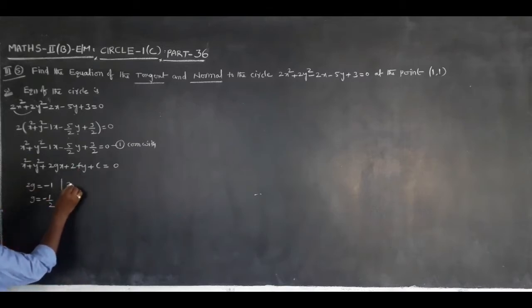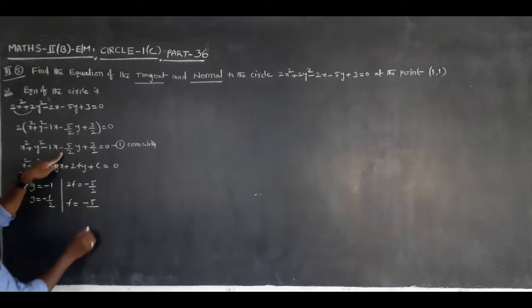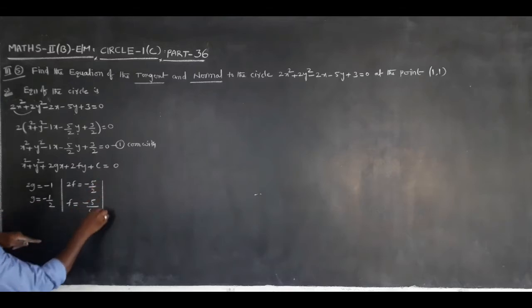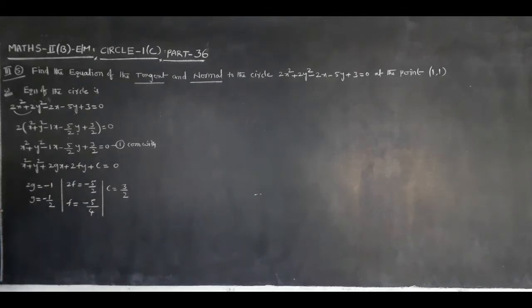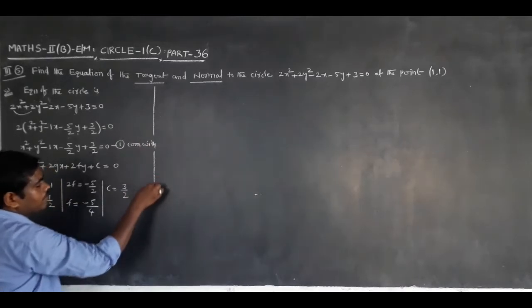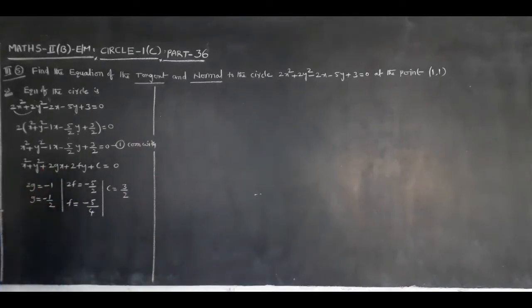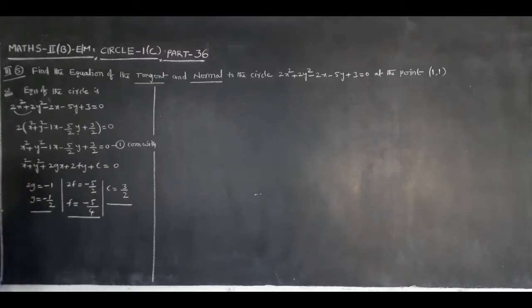The y coefficient 2f is equal to minus 5 by 2, so f is equal to minus 5 by 4. The constant c is equal to 3 by 2. So comparing the given equation with the general equation, we find the values g, f and c.